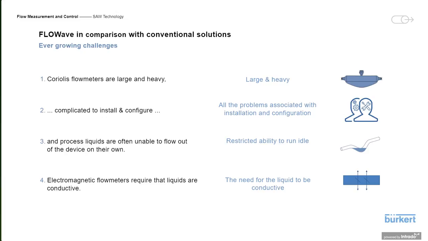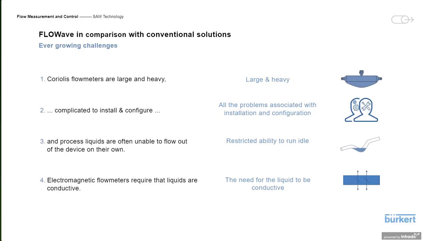Okay, comparing FlowWave and the SAW technology with conventional solutions. Here, for high accuracy flow, you often find Coriolis flow meters. The challenge here is that usually they are very large and very heavy. They are also complicated to install and configure. So you have to find the right place in your skid to integrate them.